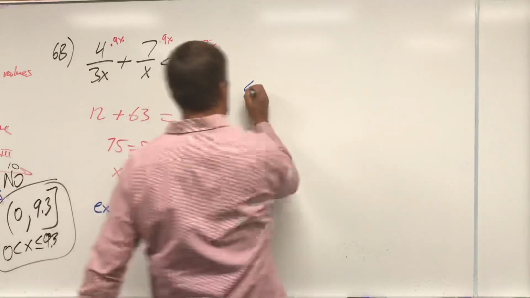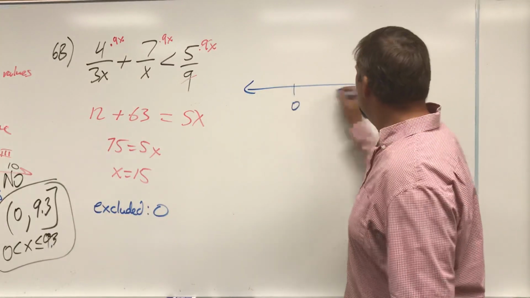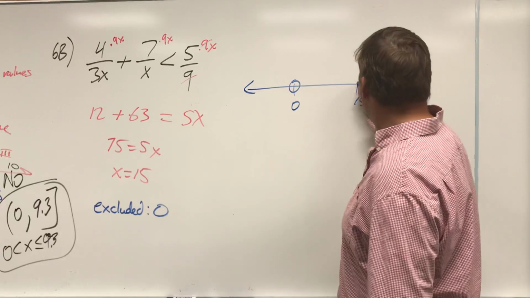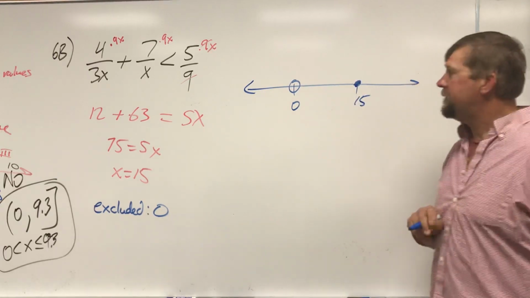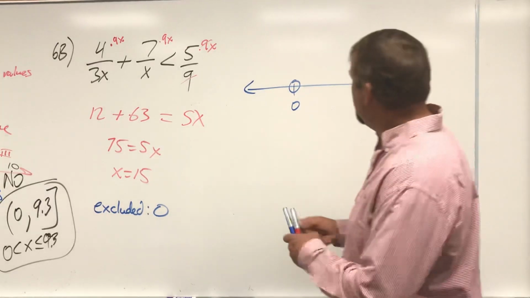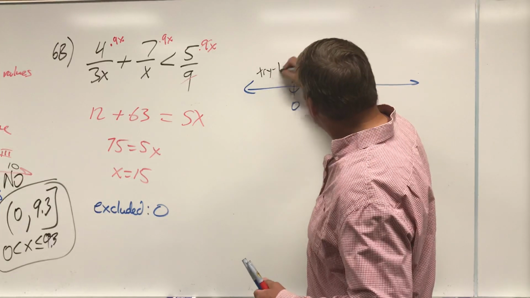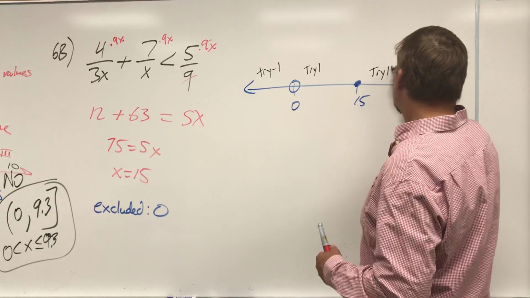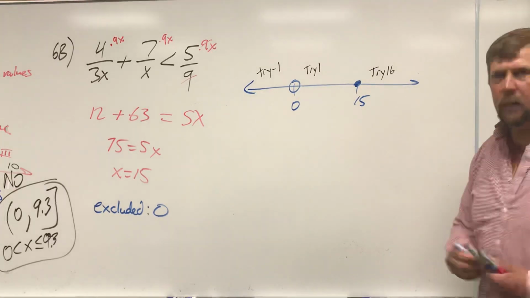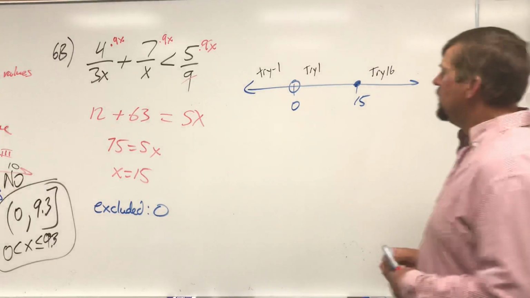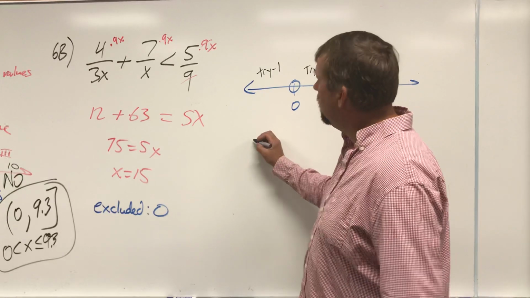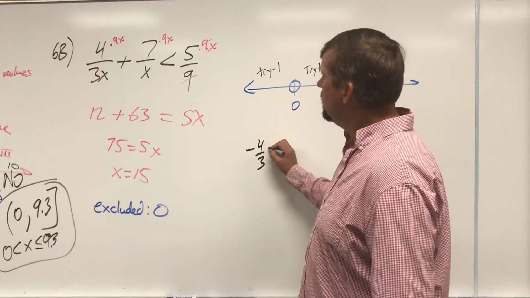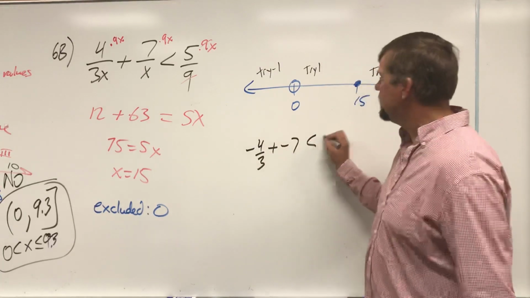So we're going to go to a number line. We've got 0 here, we've got 15 here, and I know it's an open circle on 0 and a closed circle on 15. Let's try -1 again, let's try 1, and try 16. Smaller numbers are usually the best. All right, so 4 over -3, so -4/3 plus -7, is that less than 5/9?